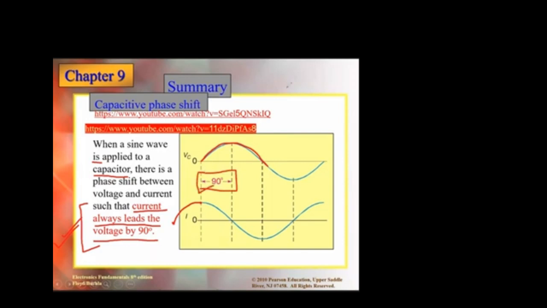Sometimes, just to confuse you or check your knowledge, can I say current always leads the voltage by 90? Can I say voltage lags the current by 90? Yes, you can. Voltage lags current by 90, clear? We can read it the opposite way also.